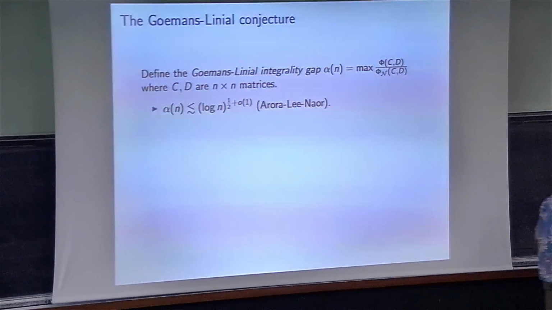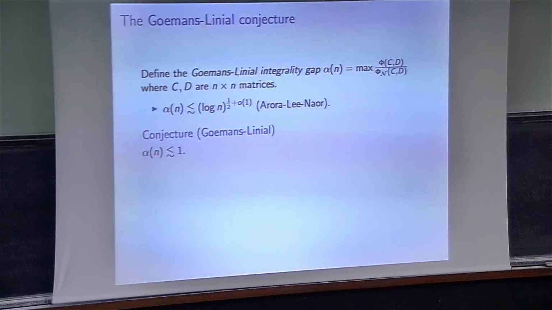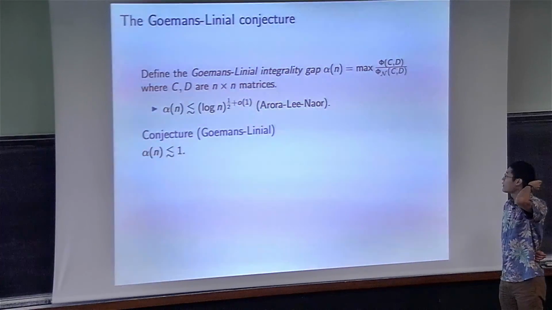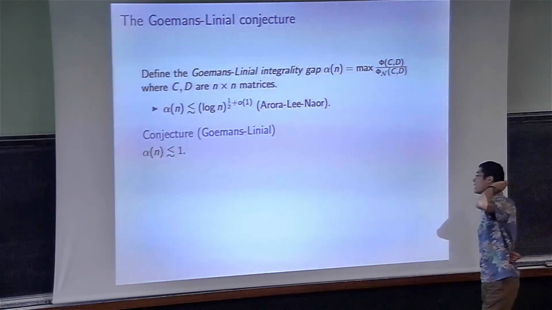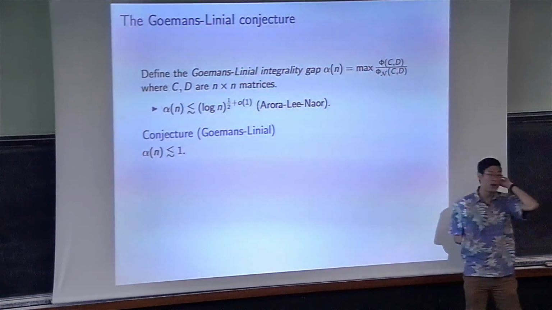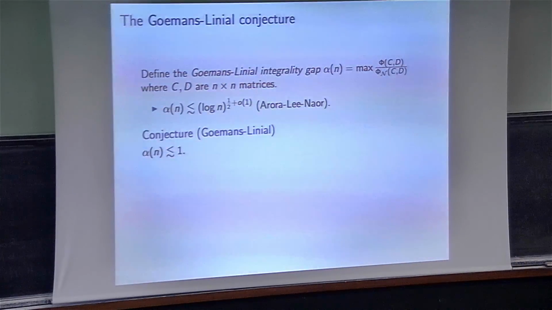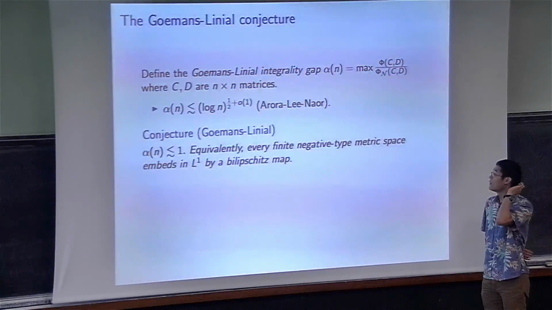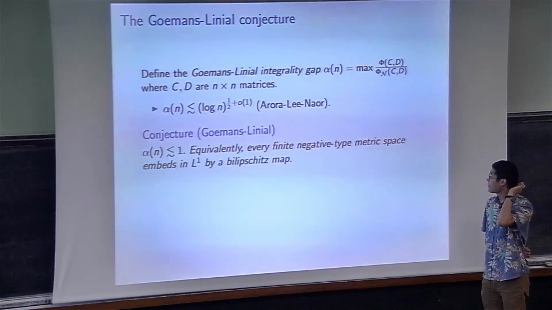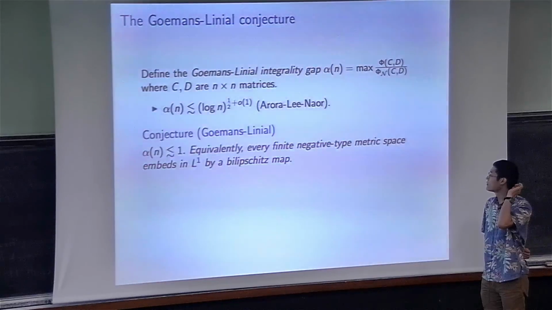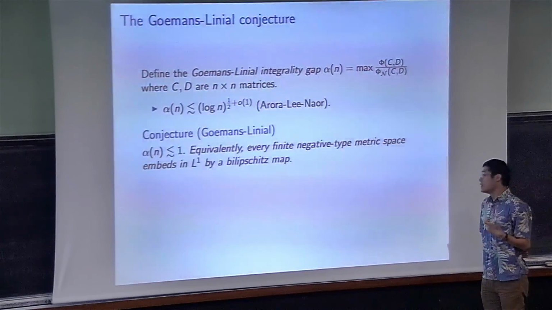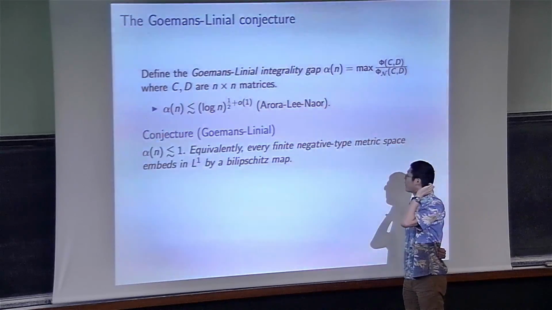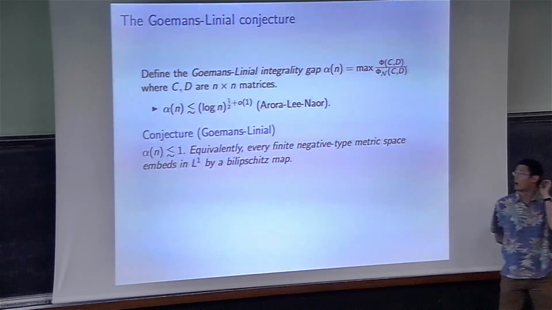And for a long time, it was conjectured, it was called the Goemans-Linial conjecture, that this relaxation, that this approximation is actually constant factor accurate, that in fact alpha of n is bounded, that in fact there's always a constant factor difference between phi and phi sub N. Equivalently, because of what we've been saying about negative type metric spaces and about embeddings, this conjecture is equivalent to saying that every finite negative type metric space embeds in L1 by a Lipschitz map.